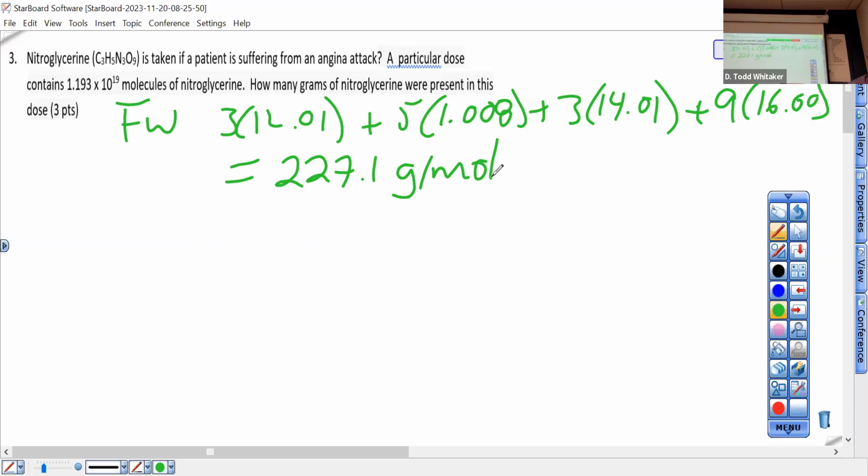And then you got to take the dose. This time we're going the other way. You're going to flip your 1 mole equals 6.02 times 10 to the 23 particles upside down. Write down what you've got in the question, which is 1.193 times 10 to the 19 molecules.